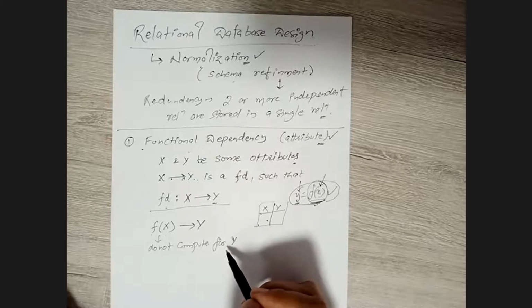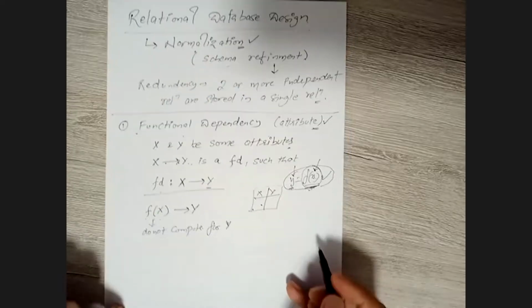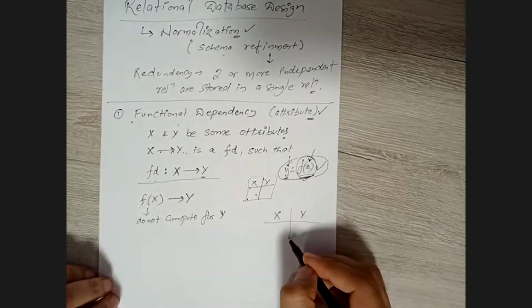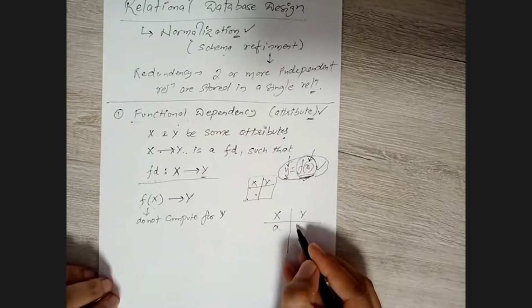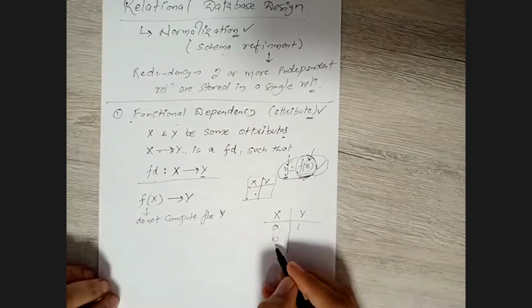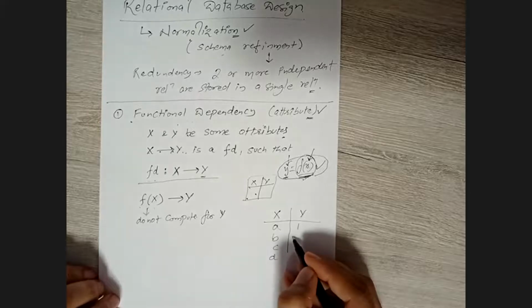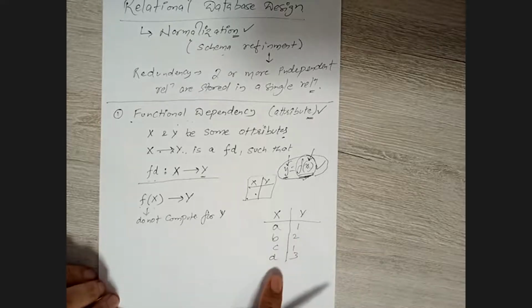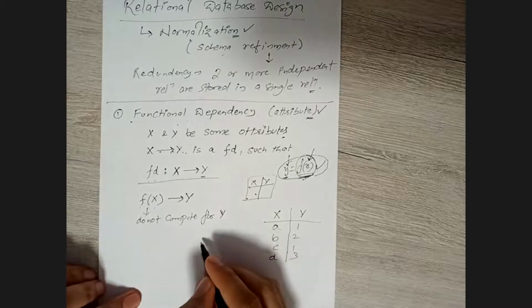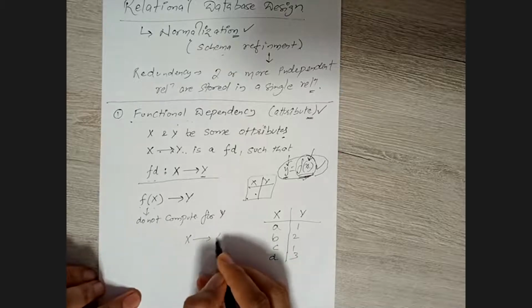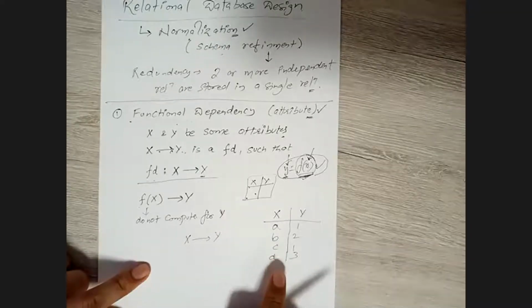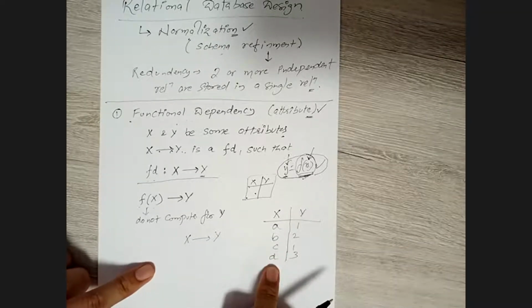Let's take a database table, for example, with random values a, b, c, d and 1, 2, 1, 3. If I say x determines y, is this scenario a success or not?